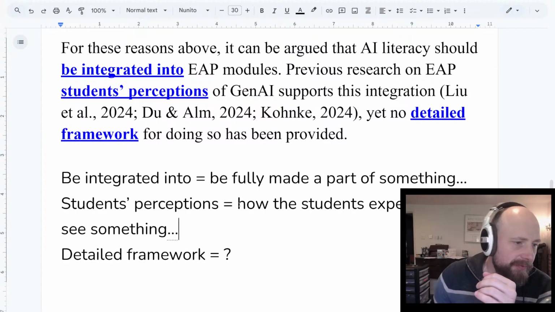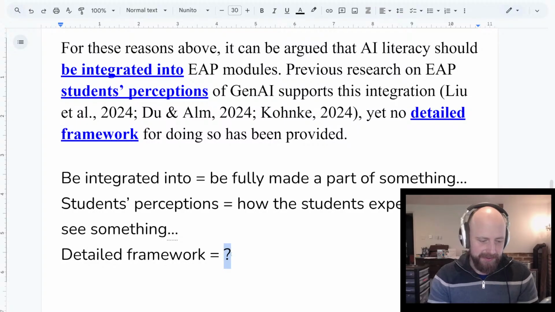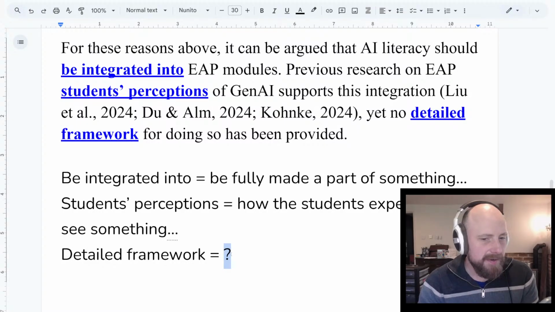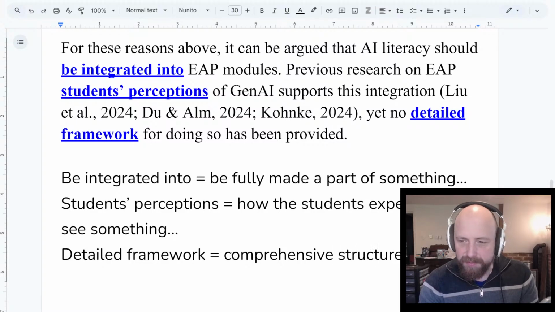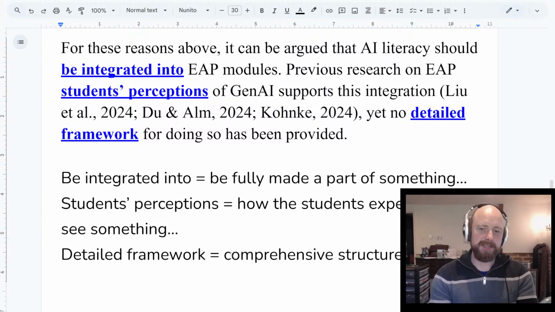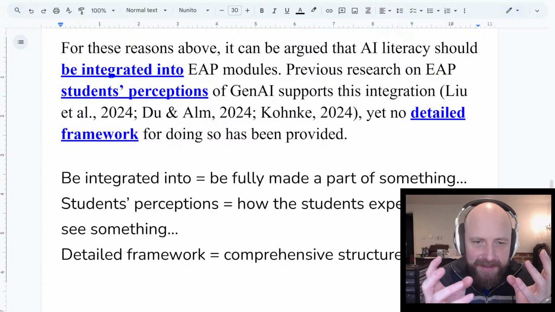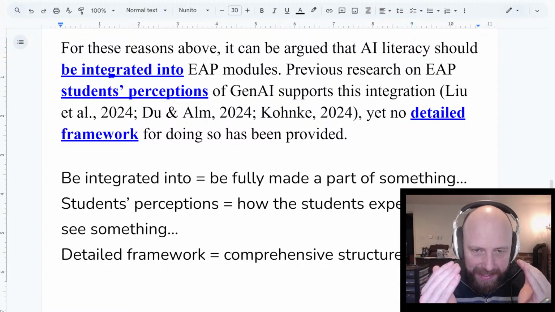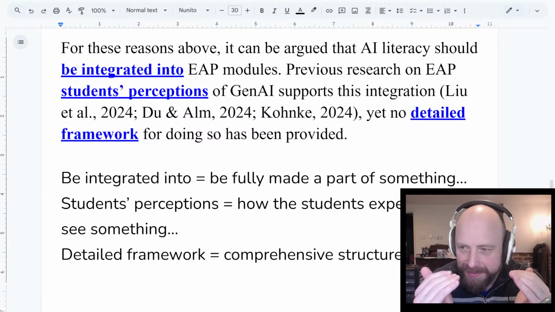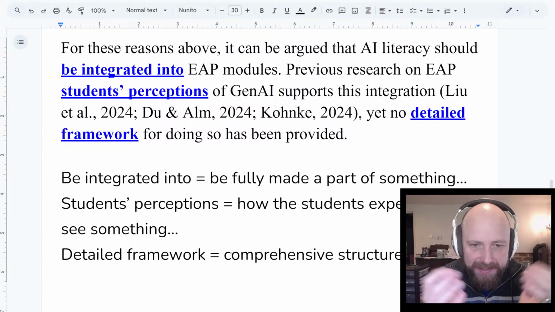Then a detailed framework, a concrete structure. That's very good. I think we're going to say comprehensive. We're going to say a comprehensive structure. So detailed or comprehensive, meaning that it's not just a basic outline. We're going to really give a step-by-step skeleton to underlie something.